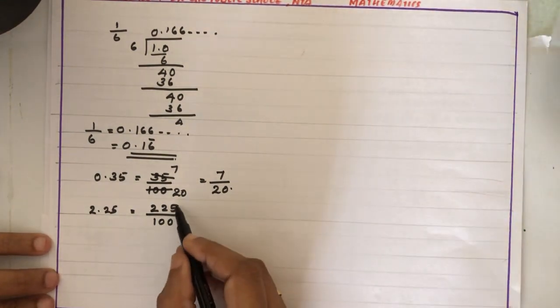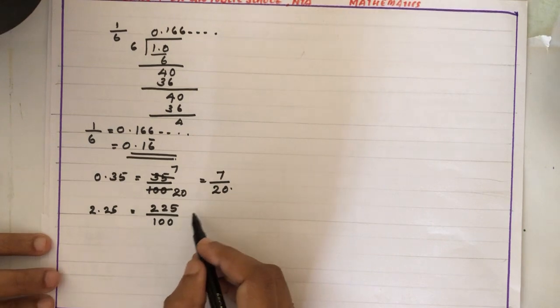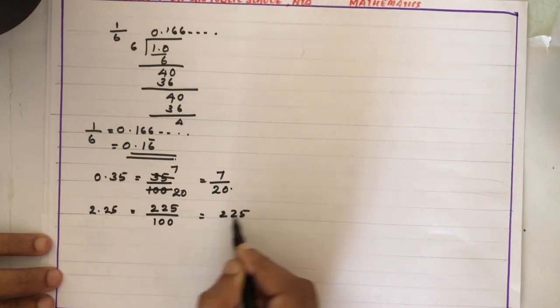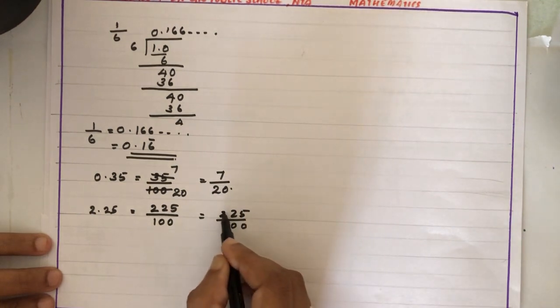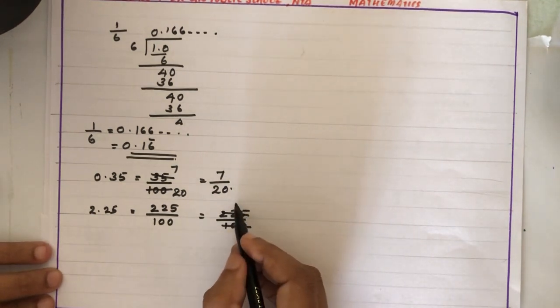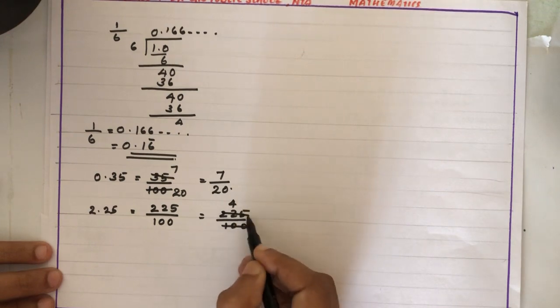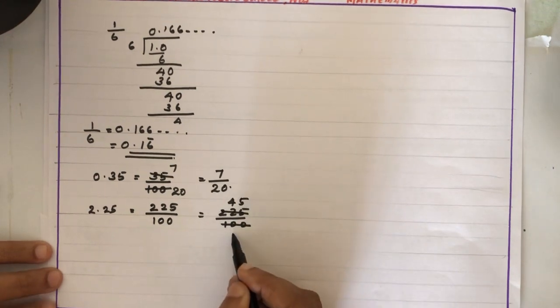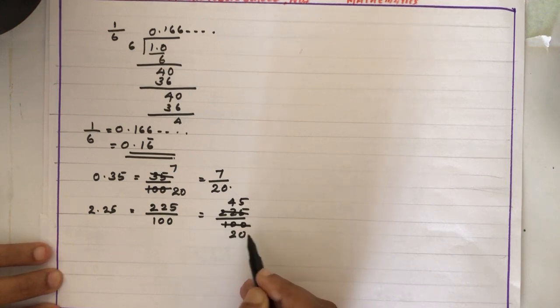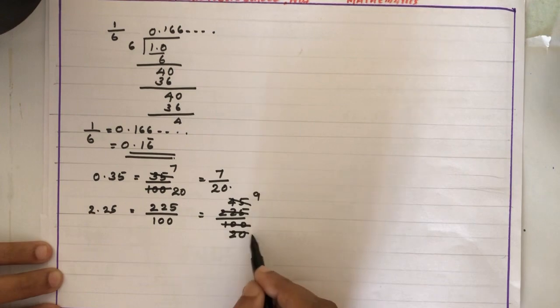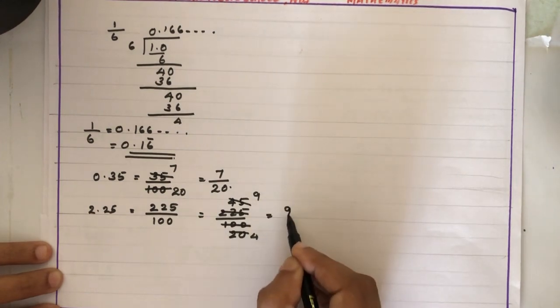Now again both are divisible by 5, so we can do the cancellation. 225 by 100: first I am dividing both numerator and denominator by 5. So it is 45 over 20, 4 times... then 25, 5 times. Again both are divisible by 5, so 9 over 4. It is 9 by 4.